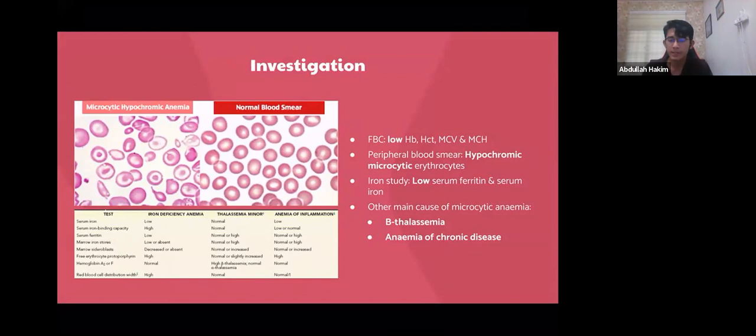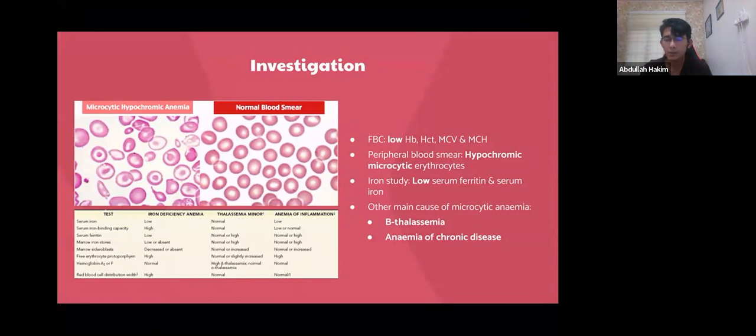So moving on to investigation. So in patient with iron deficiency anemia, we can look for the full blood count. There will be low hemoglobin and hematocrit, and also MCV and MCH. We can order for peripheral blood smear, which we may expect for hypochromic microcytic erythrocytes, the iron study will show low serum ferritin and serum iron.